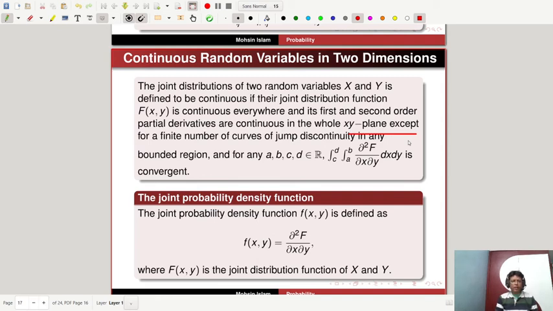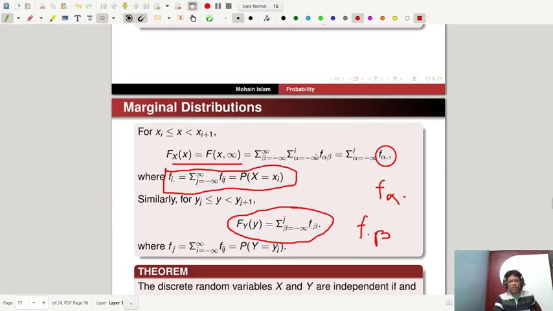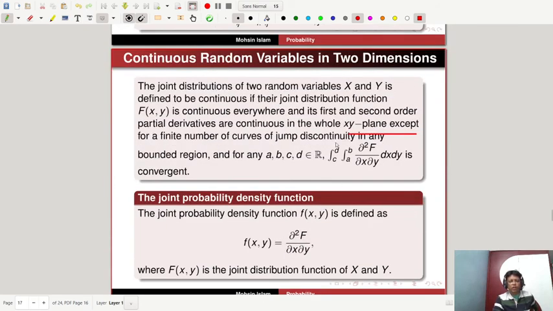For discrete you need a double summation symbol, so for continuous you need a double integration. For three dimensions you need a triple integral; for more than one dimension you need multiple integrals. So the integral from c to d, a to b, of del f over del x del y, dx dy, is convergent. This is the double integration in this case.